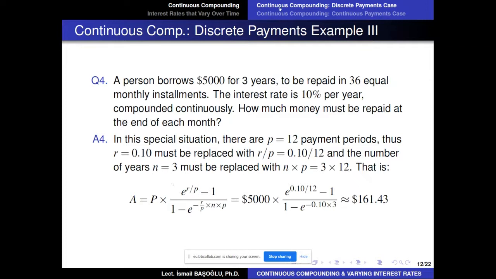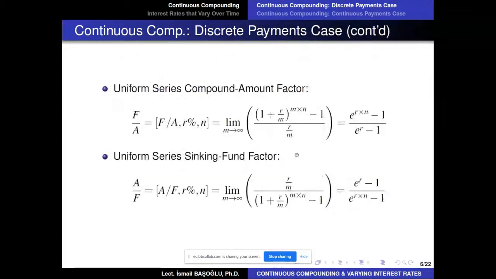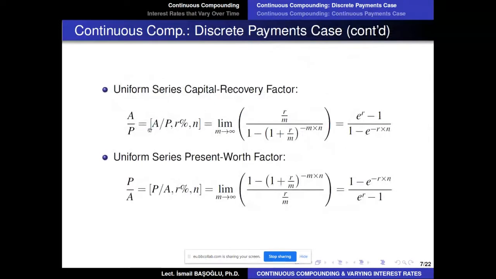If you check our previous pages, the A over P uniform series capital recovery factor is defined as e to the power r minus 1, divided by 1 minus e to the power minus r times n. Now, this formula is only valid for yearly payments, but in the monthly payments case, we need to replace the annual interest rate with the payment period's interest rate, which is r over p.